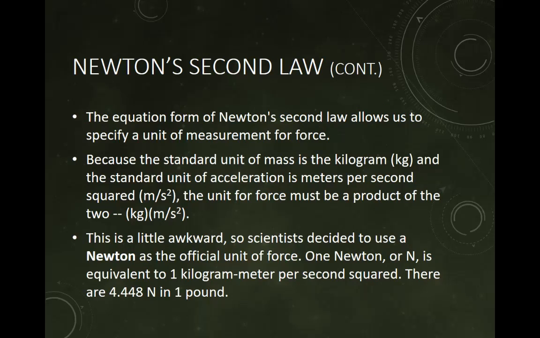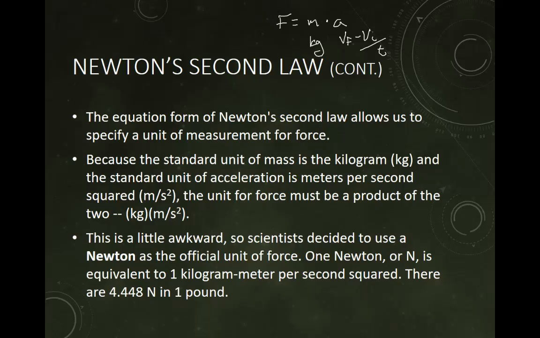So if we think about F, as in force, is equal to mass times acceleration, where mass is in kilograms, acceleration from the previous page is Vf minus Vi, change in velocity, over t, time.